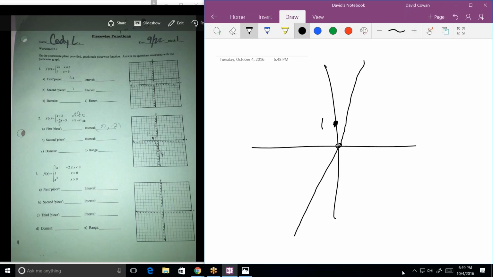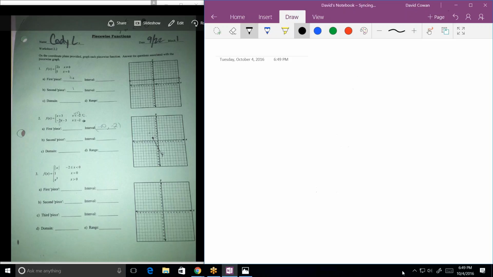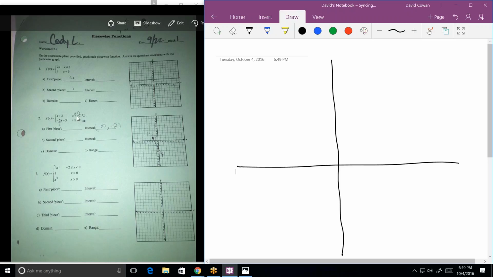All right, let's look at number 2. Let me give you just a little philosophy of how I treat these piecewise functions. I always start in this upper right-hand corner. That's where I begin. x is less than minus 2. If I put a dotted line, you don't have to, but it helps in conceptually understanding it.